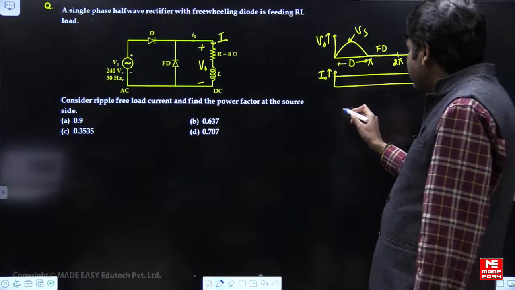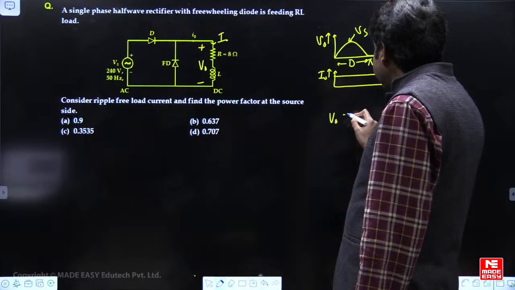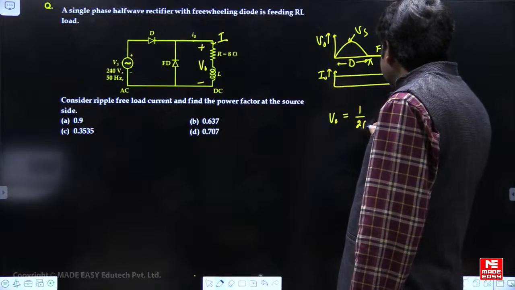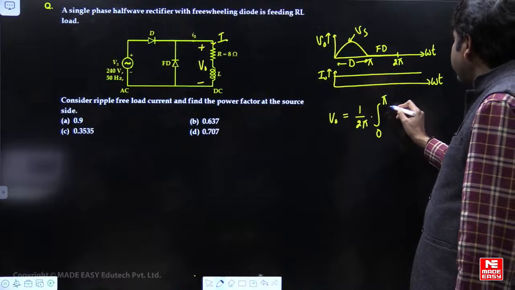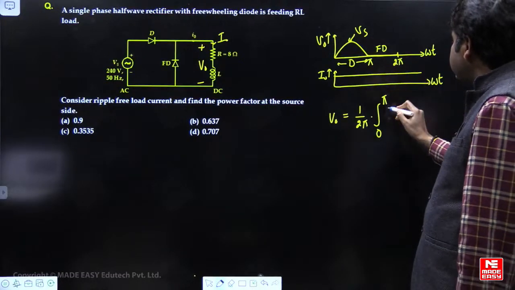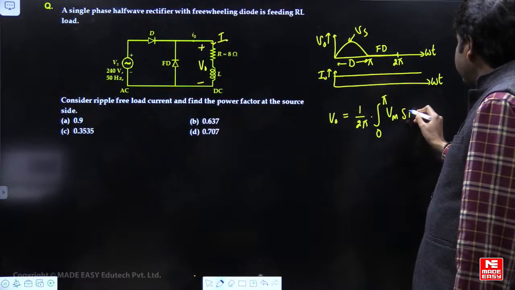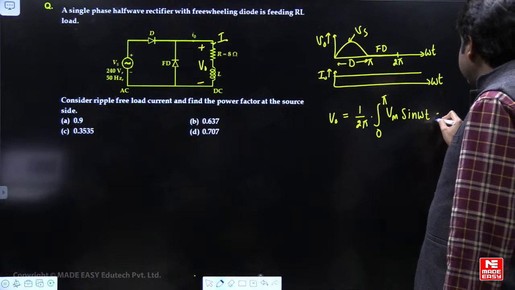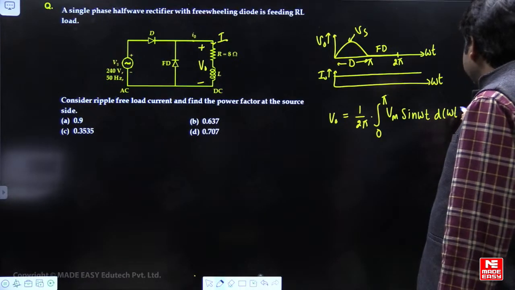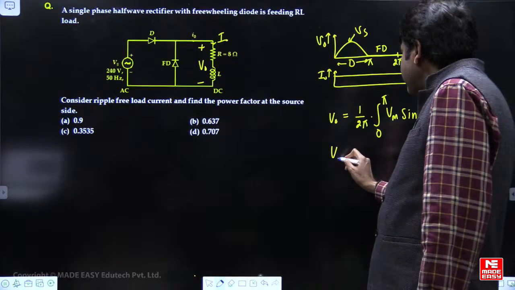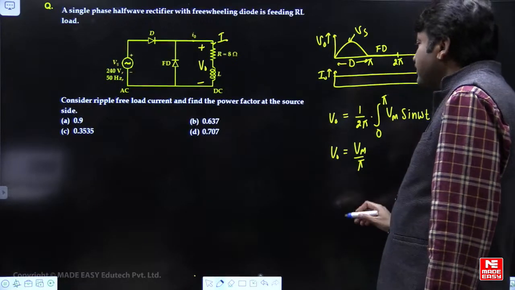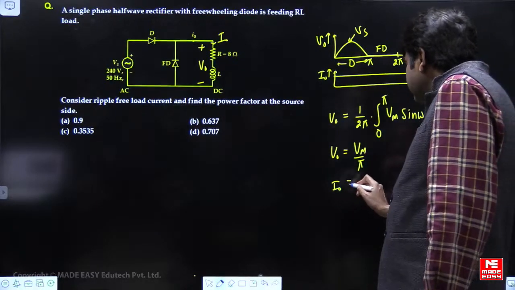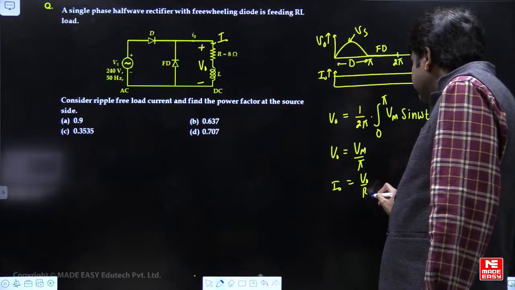So what is the average voltage expression here? Average voltage is 1 by time period into area of the waveform, which is the integral from 0 to pi of Vm sin omega t d omega t. So you will get average voltage equals Vm by pi. Average current is average voltage by load resistance.